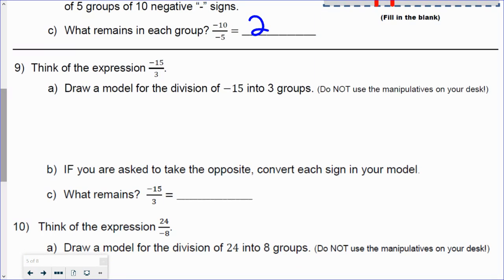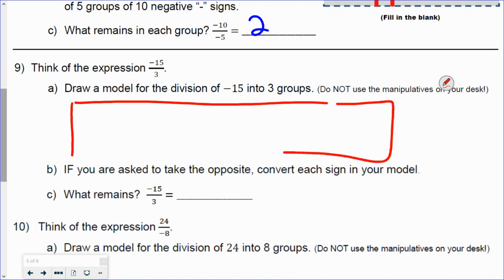Number 9, think of the expression of negative 15 divided by 3. Okay, so that means we have 3 groups and we need to split 15 negatives between them. Okay, so if you want, you can draw 3 rectangles, if you like to pre-make your groups to stay organized, because we are going to put quite a few negatives in there.